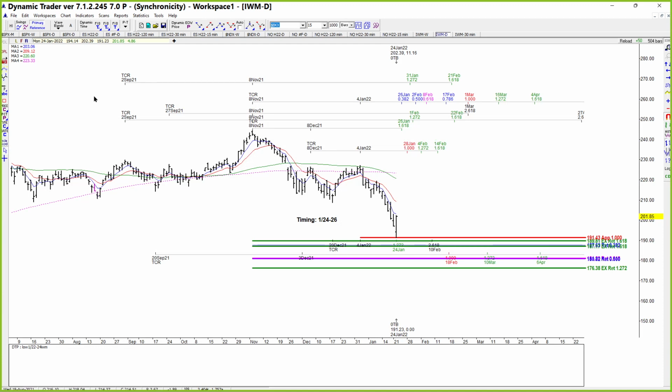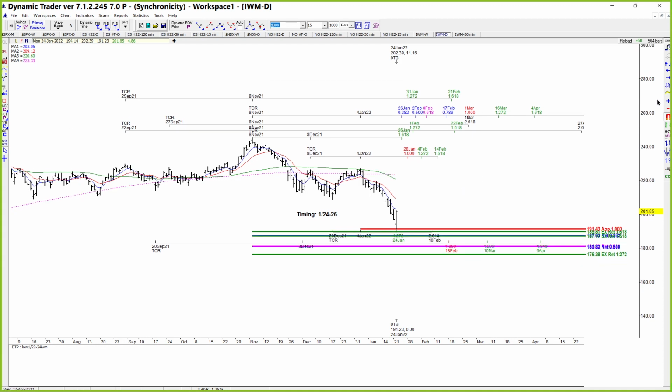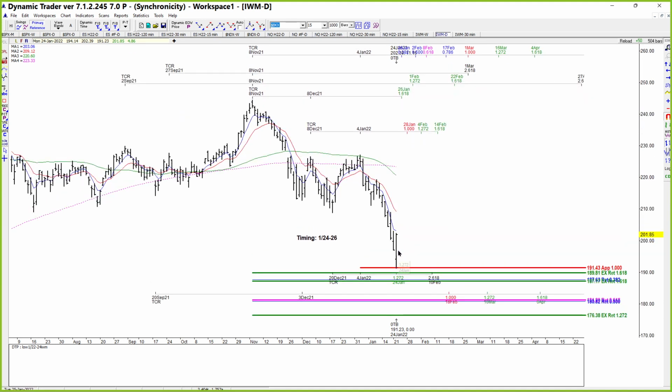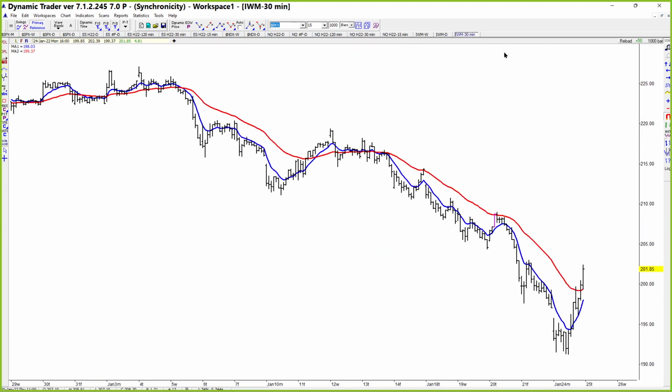Okay, yeah, going over stops would be a good idea. Let's see. All right, so I don't want to use the 30-minute chart.